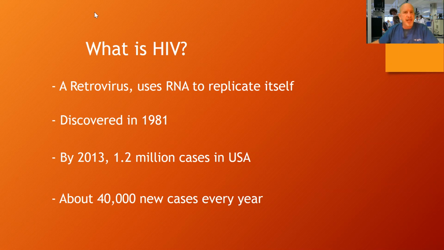Different viruses attack different types of cells, and the HIV virus is specific to T cells, which we studied over the last 2 weeks. It first came about in 1981.